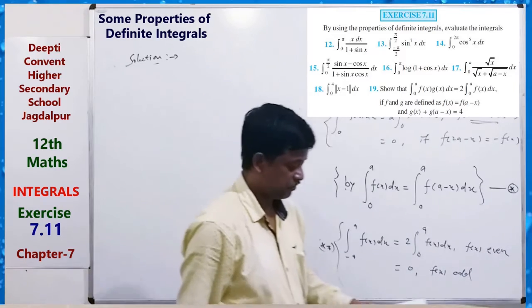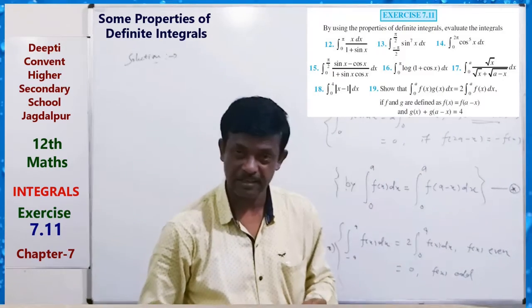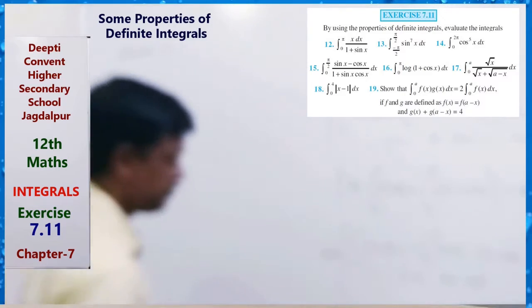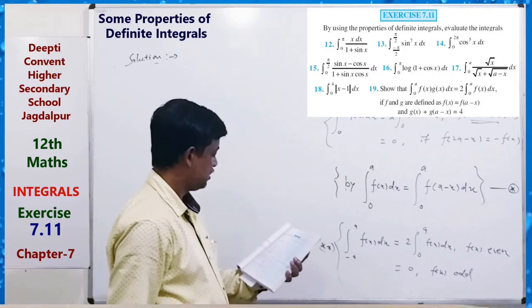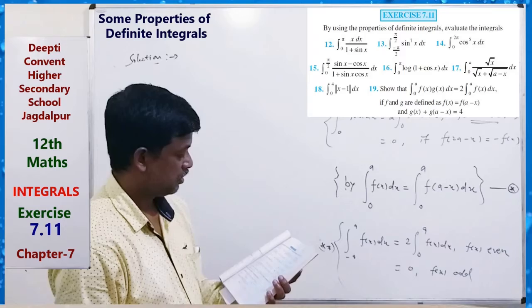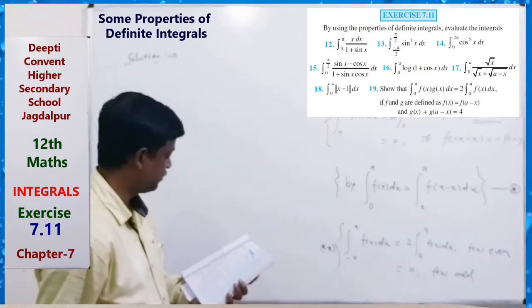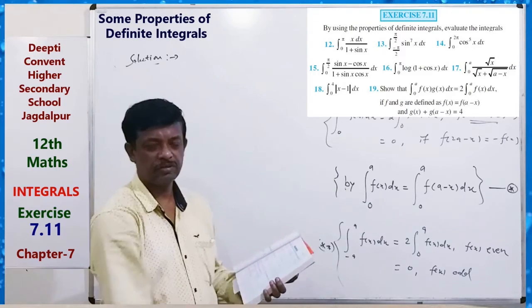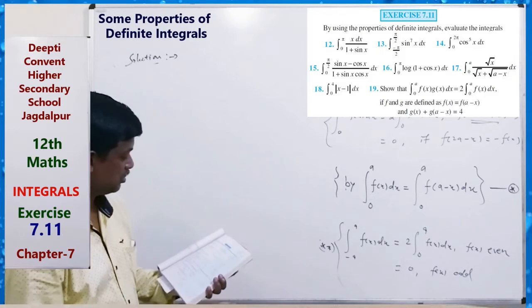Now I will give 2-3 questions for your attendance. Question 17, you have to apply the a minus x formula. Question 18, the integral from 0 to 4 of |x − 1| dx. Remove the mod, just like the 5th and 6th questions.